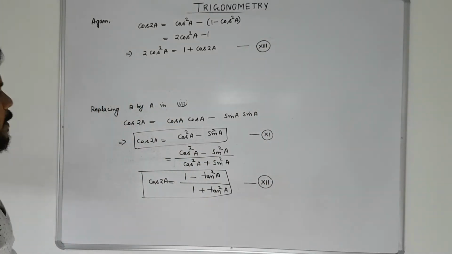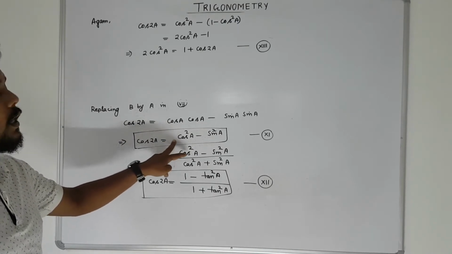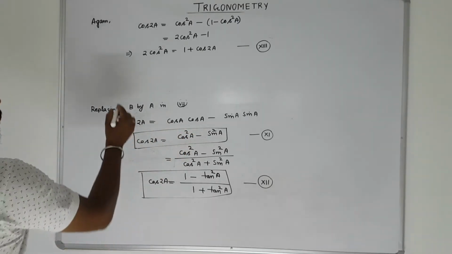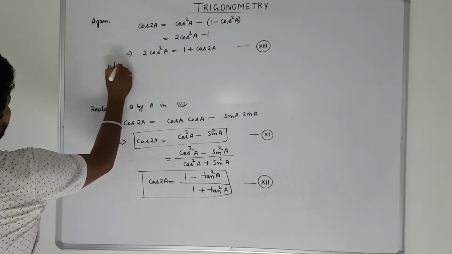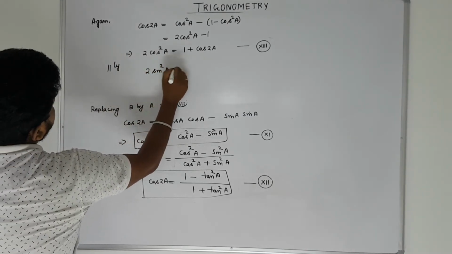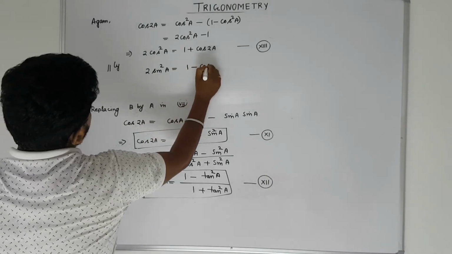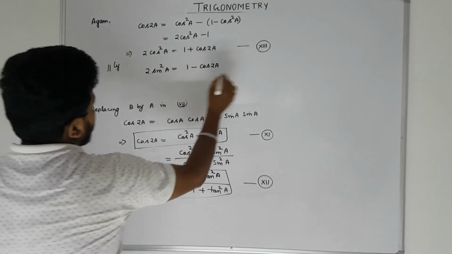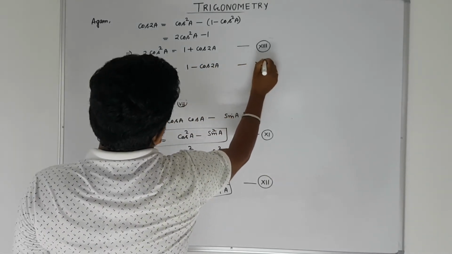Similarly, if I express cos twice A in terms of sin square A, then I will get twice sin square A is equal to 1 minus cos twice A. This is number 14.